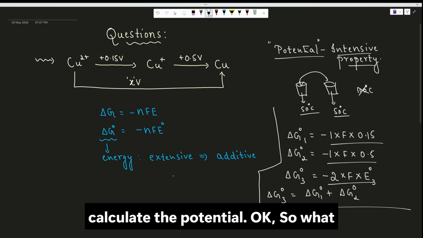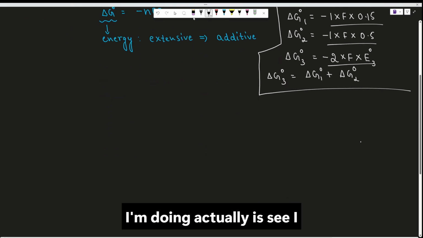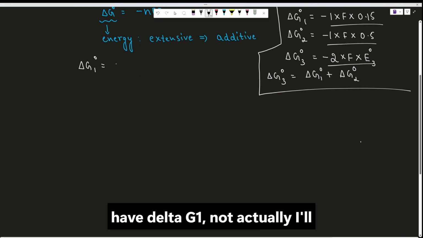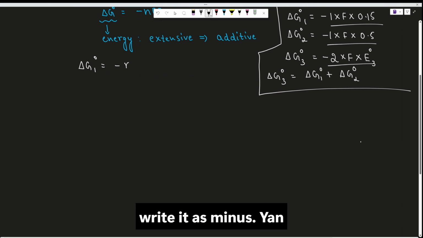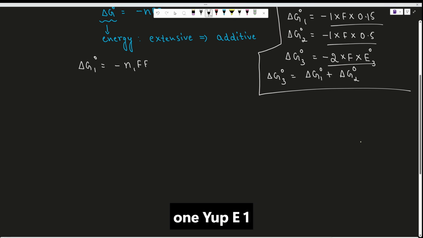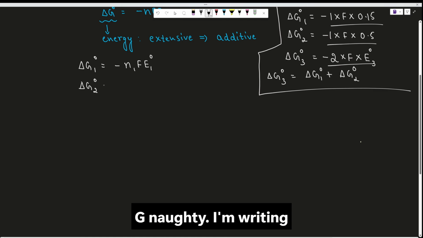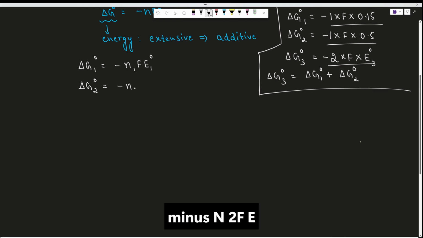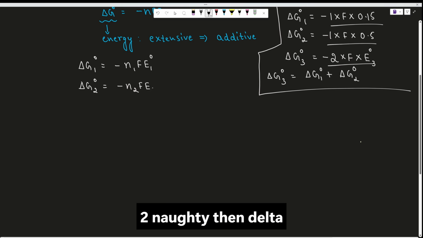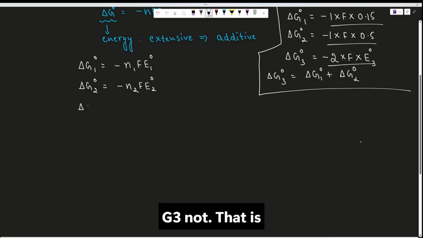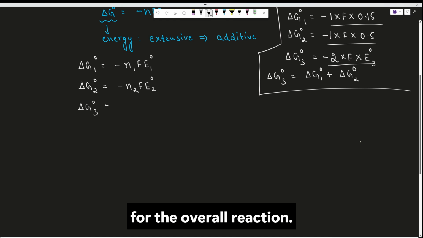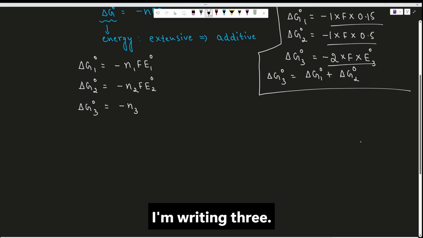So what I'm doing is, I write delta G1 naught as minus n1 F E1 naught. Then delta G2 naught as minus n2 F E2 naught. Then delta G3 naught, for the overall reaction, as minus n3 F E3 naught.